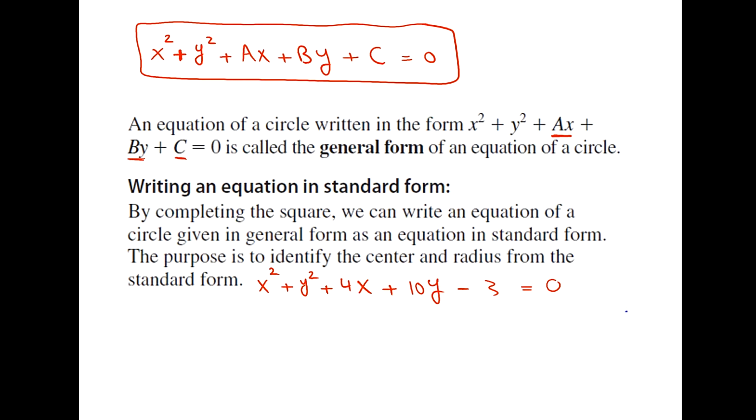We need to convert to standard form. Firstly, put the x with x square and y square with y, and move the -3 to the other side. So we have x square plus 4x plus y square plus 10y, and this is equal to 3.